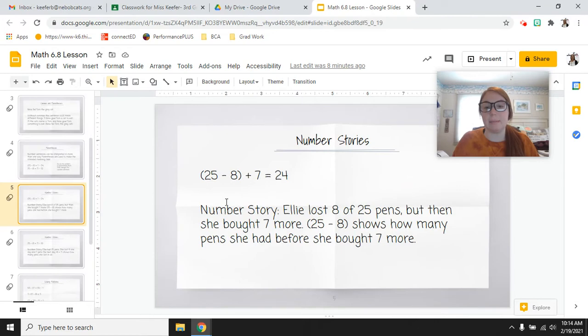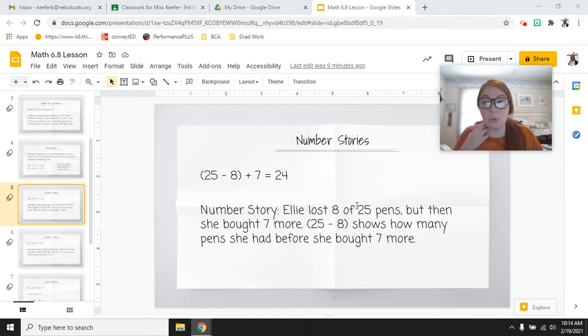So let's look at an example of what it looks like to put a number story to the number sentence. So this was the first one, 25 minus 8 plus 7. So a number story could look like Ellie lost 8 of 25 pens, but then she bought 7 more. So 25 minus 8 shows how many pens she had before she bought 7 more.